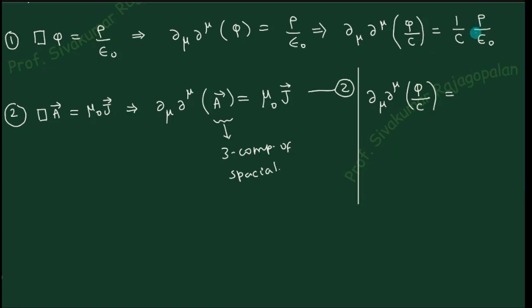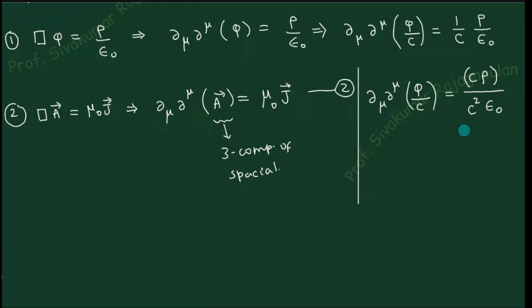I don't have c rho, I have rho by c. So I will once again rewrite: c into rho only I want. Therefore, I want this and divided by, already c is there. I am putting an additional c in the numerator. Therefore, that must be a c square. Then this is an epsilon 0. So let it be epsilon 0. And therefore, this will be your first equation.